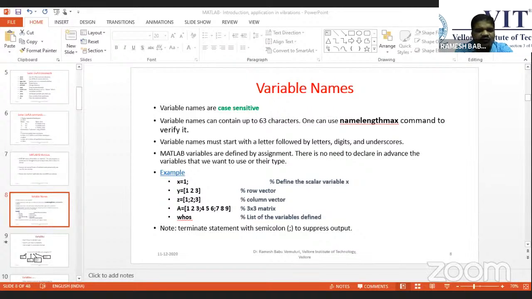The same thing, you put A without a semicolon, it will come as output. So the only difference is you do not put a semicolon here, and here you put a semicolon. Once you put a semicolon, the results won't be displayed. That is the use of the semicolon, to suppress the output.